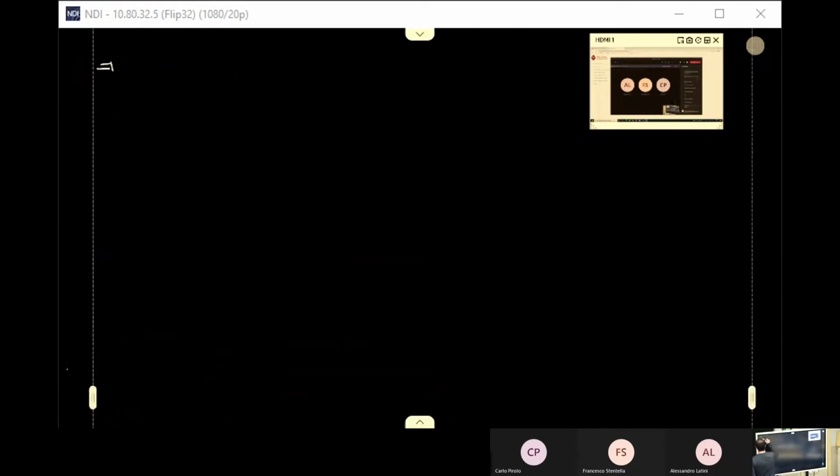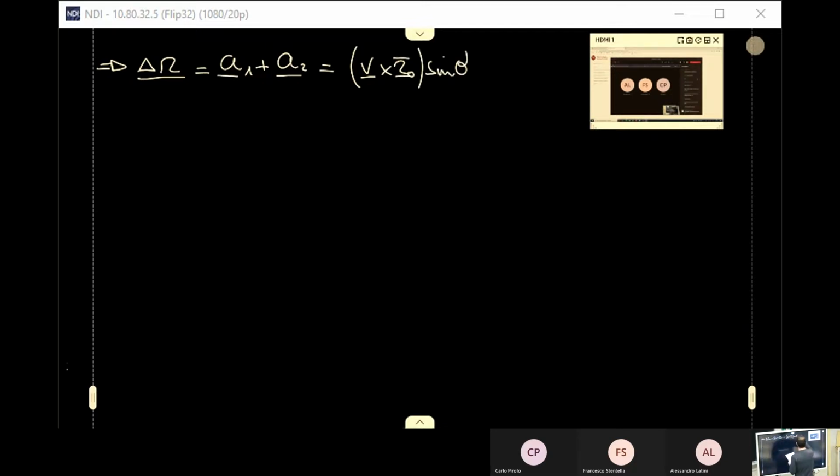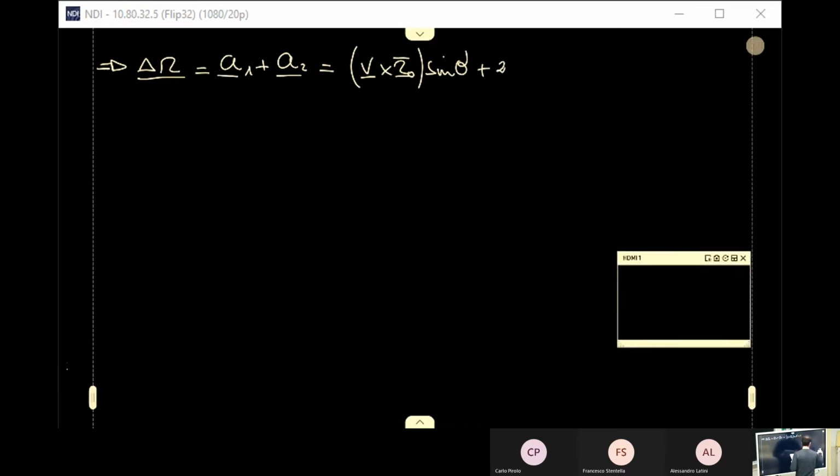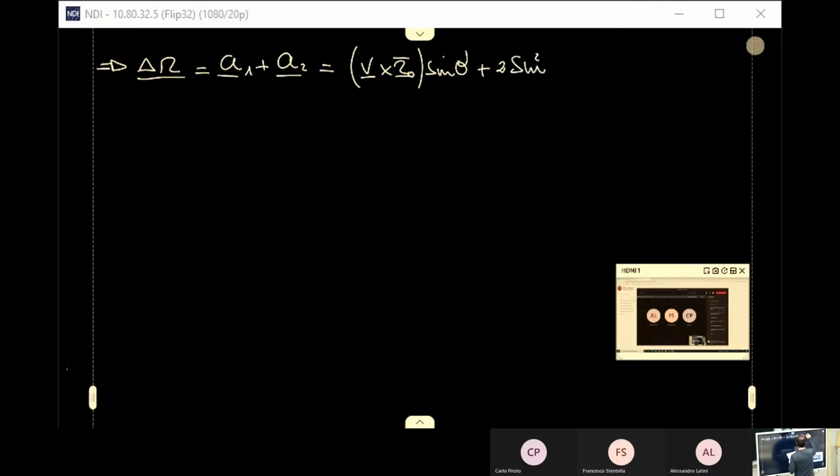So our delta R, which we recall is A1 plus A2, is equal then to v applied over r0 times the sine of theta plus 2 sine squared of theta divided by 2, which multiplies v applied over v times r0 over bar.